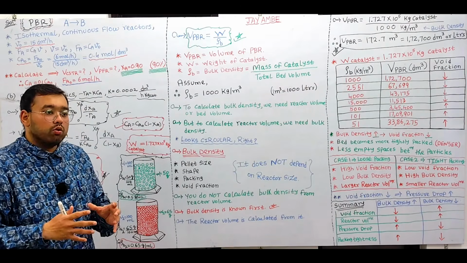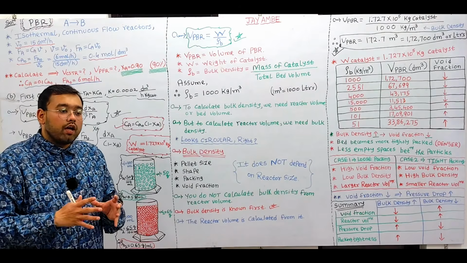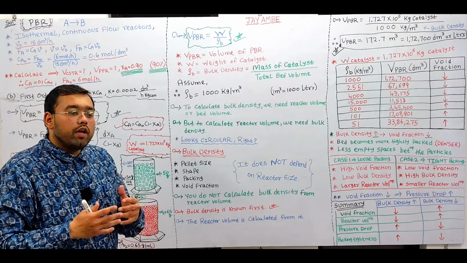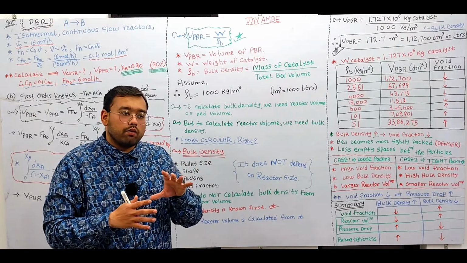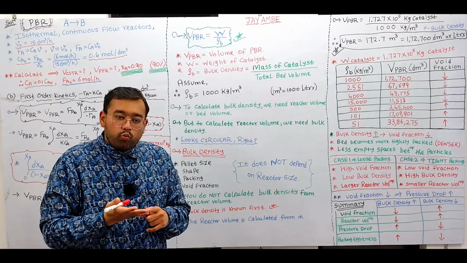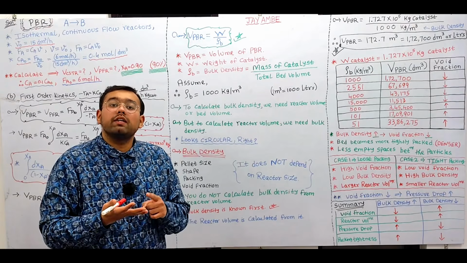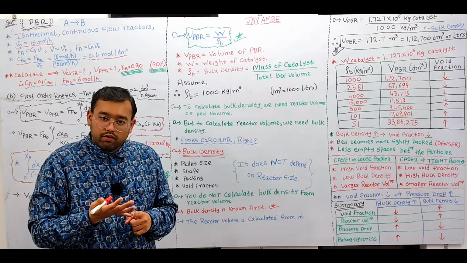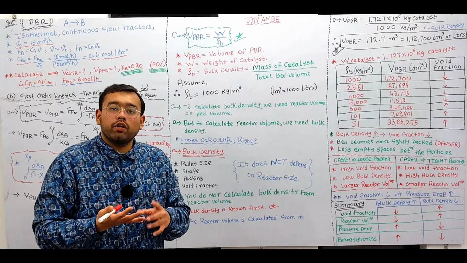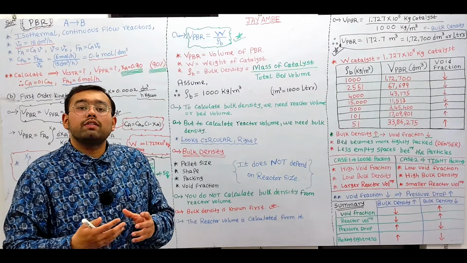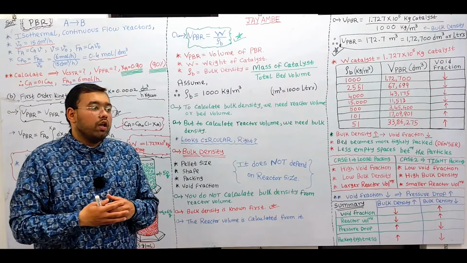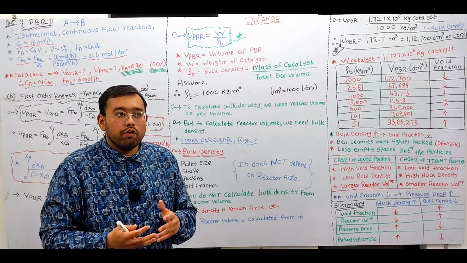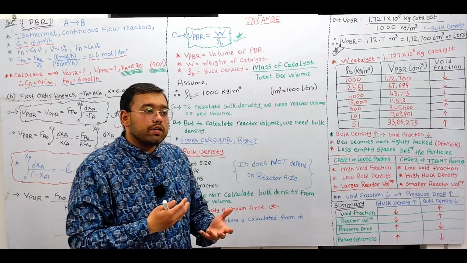So if we are filling the entire hollow space of the tubular reactor with a solid catalyst, it consists of different shapes and sizes of solid catalyst, right? The packing materials will have different particle sizes and different bulk densities, right?